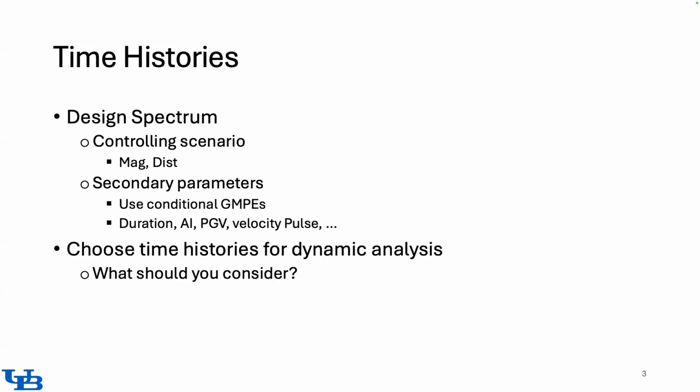Then we saw how we can get other parameters that further characterize the ground shaking using conditional or other types of ground motion models to get some sense about the duration, the Arias intensity, the PGV. So we have a lot of information that characterizes the ground shaking, but if we were to use this information on its own as it exists here, it may be useful for some applications. So if someone runs a spectral type of dynamic analysis, then all you need is the distribution of these parameters.